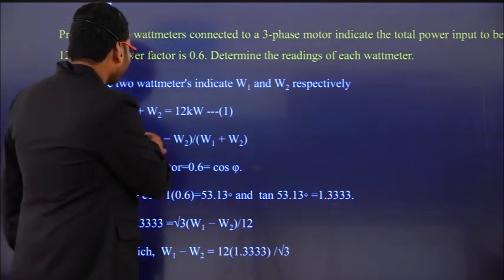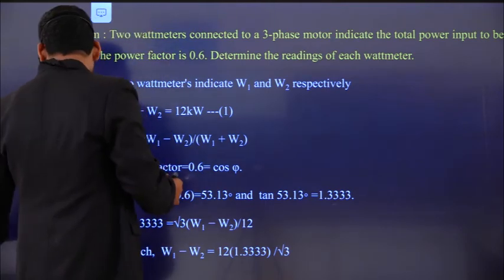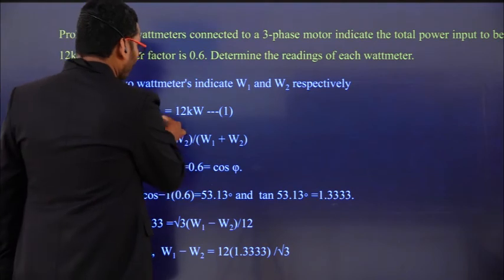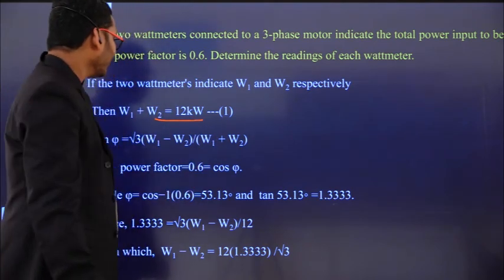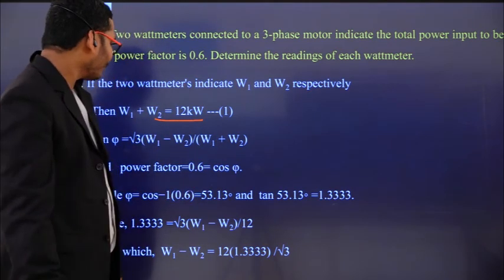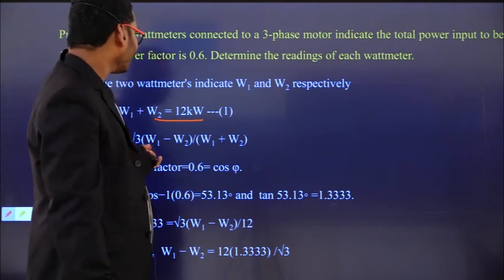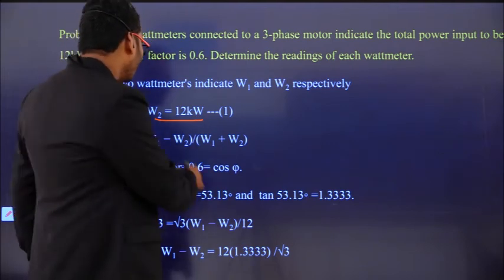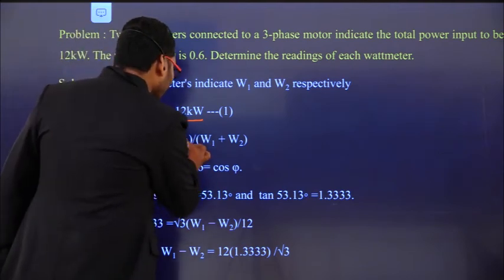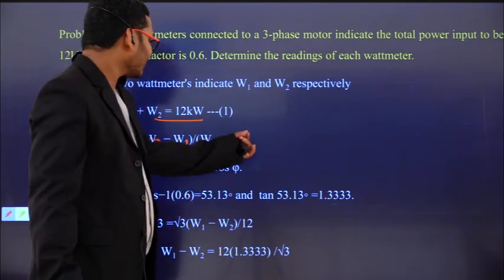The total power input W1 plus W2 equals 12 kilowatts. This is equation number 1. Equation number 2 is tan phi equals root 3 into W2 minus W1 by W1 plus W2.